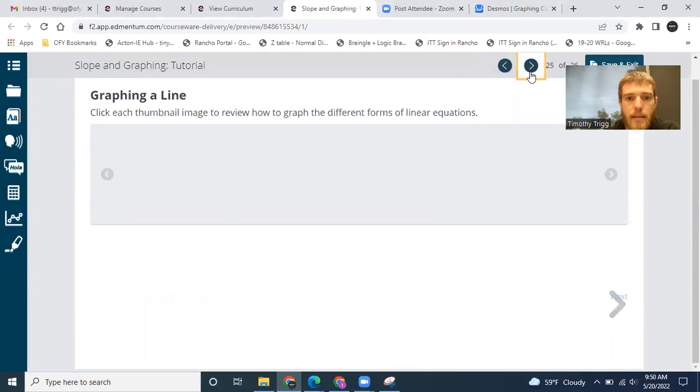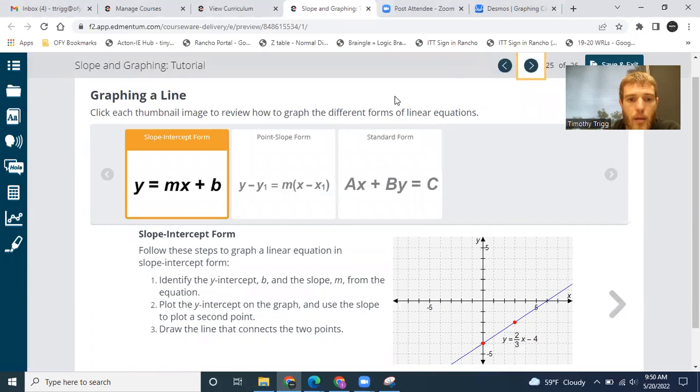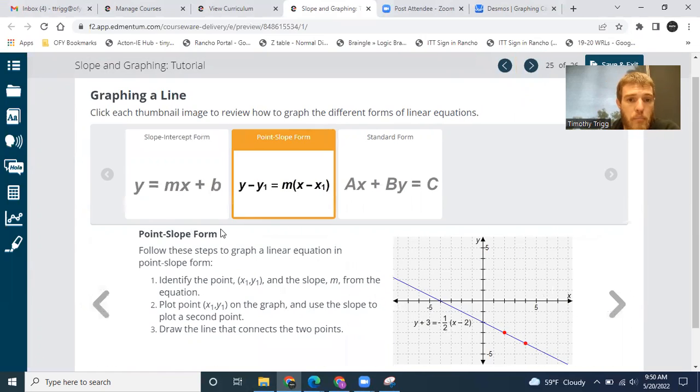Hope that sort of made sense. All right, so these are the forms you need to know. Slope-intercept form, again, this is the one you're going to use the most. Y equals mx plus b. Memorize it. Point slope form, so if they give you the slope and some coordinate point, you can write the equation of a line just like that. Y minus y1 equals m times (x minus x1).